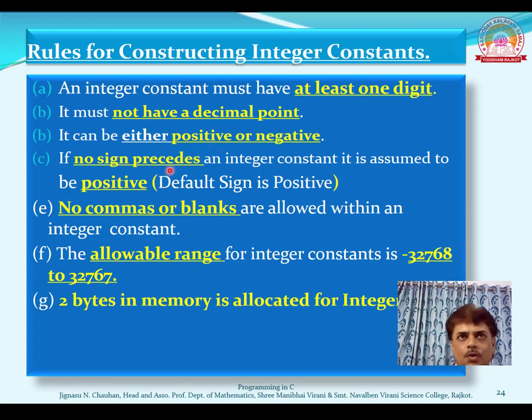So it can have a positive sign or negative sign preceding the constant. If no sign precedes the integer constant, it is assumed to be a positive constant. It means the default sign is positive.